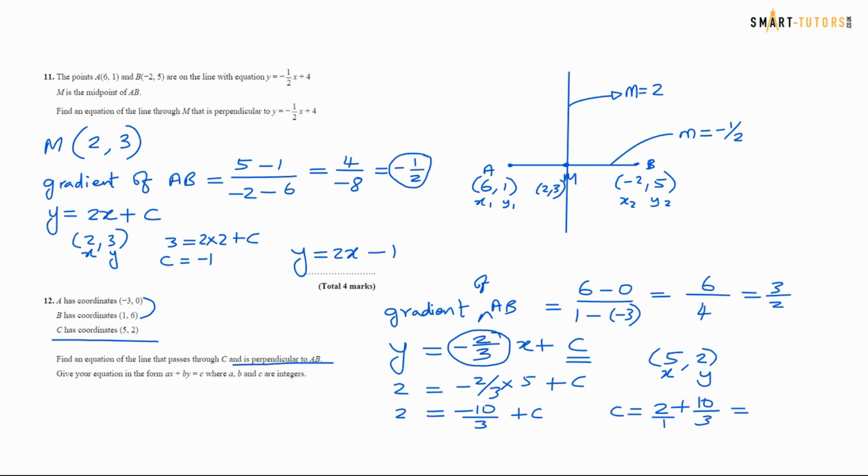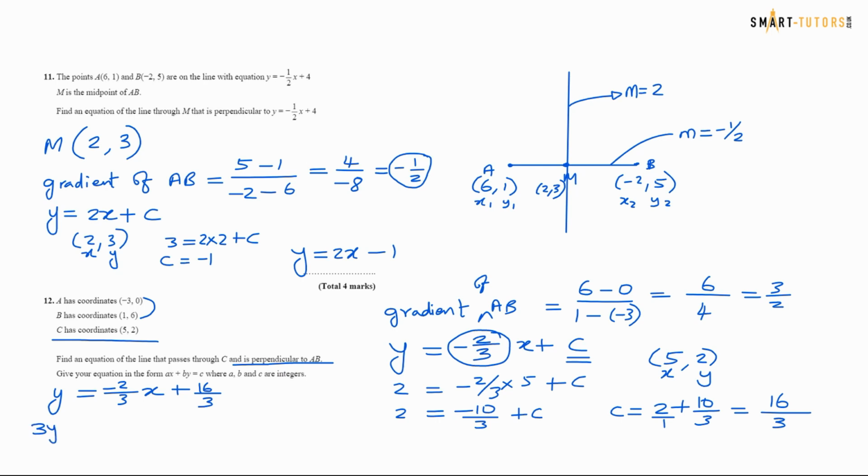So if I make the denominator the same, 3: 3 times 1 is 3, 3 times 2 is 6, so 16 over 3. So the final answer is y equals minus 2 upon 3 x plus 16 upon 3. So they are asking for the equation in different formats. So I'm going to times everything by 3.